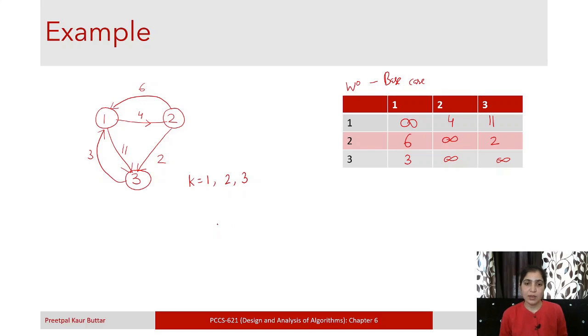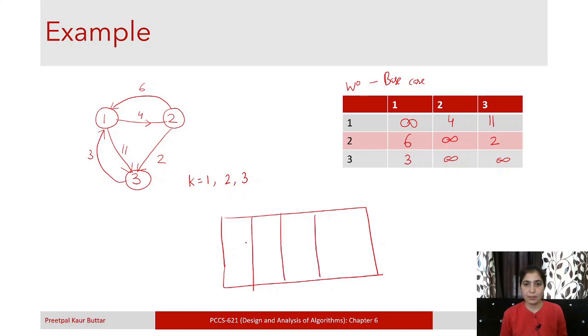Let us say K is 1. We are at the first iteration, so we will find W1, right?